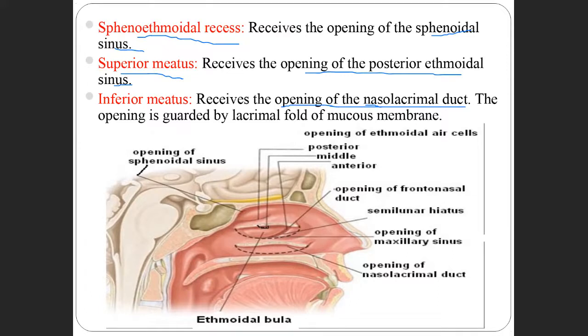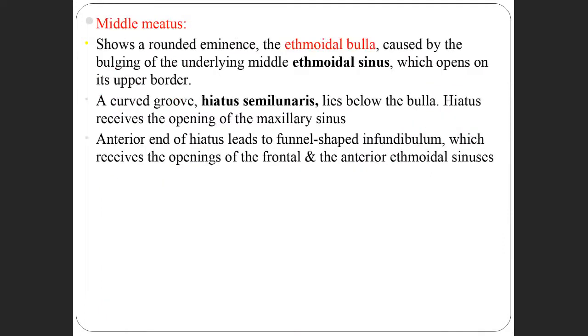This nasolacrimal duct is guarded by a lacrimal fold of mucous membrane. In the middle meatus, as I already told, there is a small elevation called the middle ethmoidal sinus, also called the bulla, where the ethmoidal sinus opens.